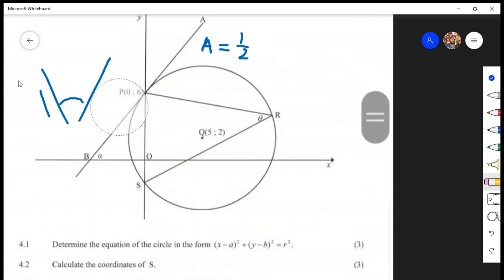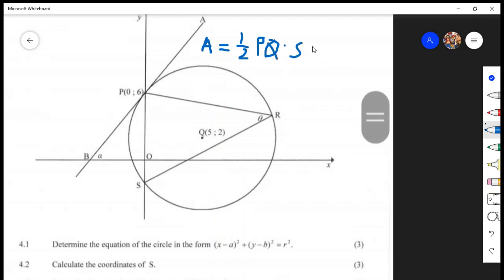Did anyone take down what was the value of our x, this angle over here? 77. Okay, thank you. So PQ times SQ times sine, let's just call it x now.